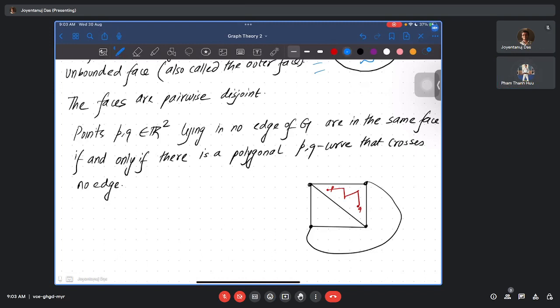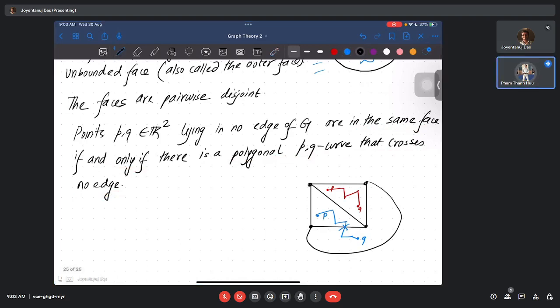But if I choose P from here and Q from here, any polygonal curve that I draw has to cross an edge at one point. Then we can say that P and Q do not lie on the same face. So on the same face if and only if there is a polygonal PQ curve that crosses no edge.